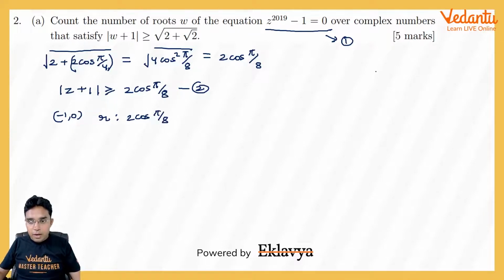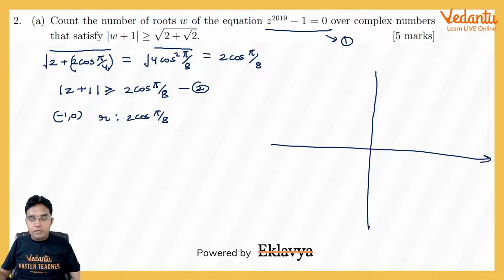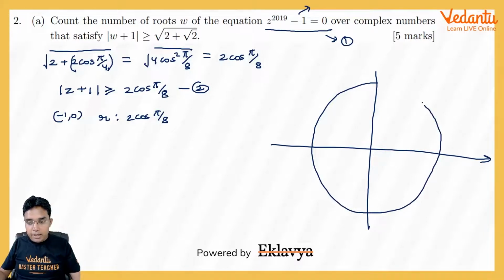Okay, so if I draw both the equations on this Argand plane, this one is very easy. It actually represents the 2019th roots of unity. So I can draw a circle whose center will be at origin and radius will be 1, whereas the second locus represents the circle whose center is at minus 1 comma 0.